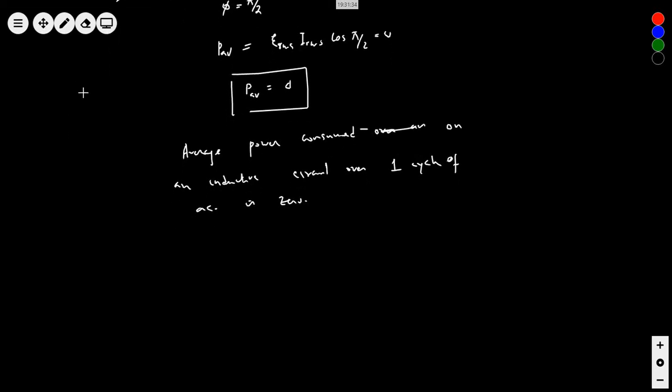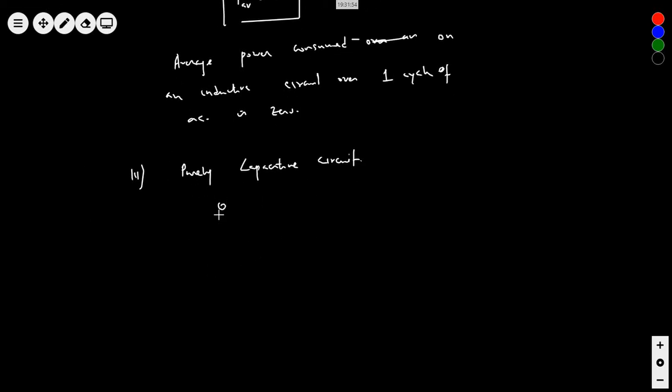Number 3, same thing for the third one. In case of a purely capacitive circuit, phi equals how much? Again, phi will be 90 degrees.